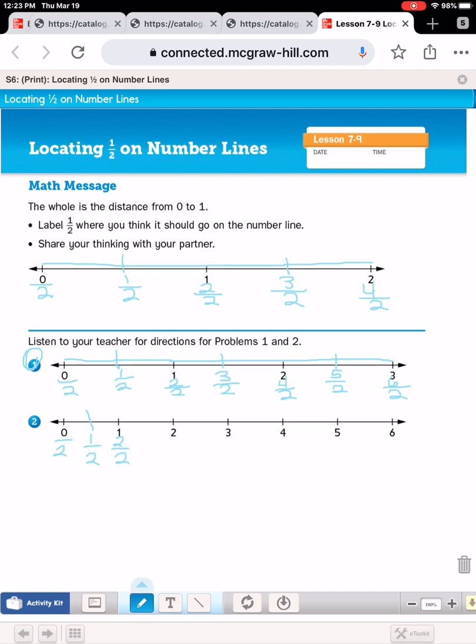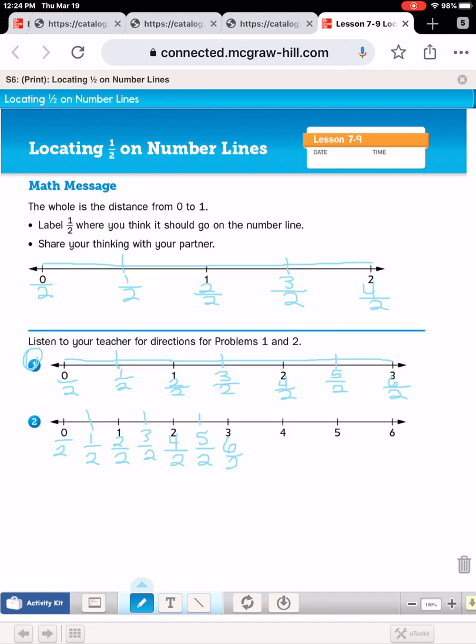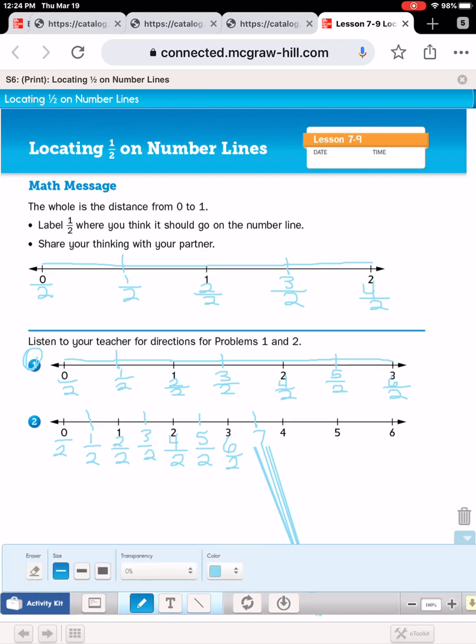2 halves, 3 halves, 4 halves, 5 halves, 6 halves. That was weird.